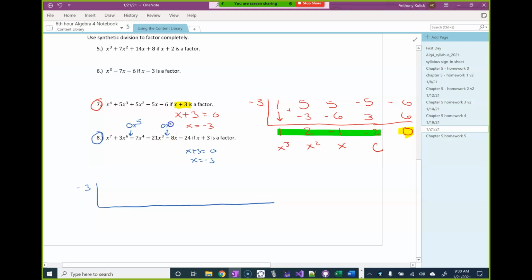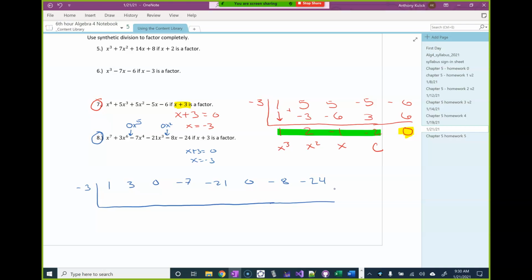And we do the same thing at the x squareds, right? Where we skip the x squareds. So when we set up our synthetic division, we need to make sure we include those zeros. There's no way to recover from not including those zeros unless you start all the way back over again. Please make sure you're looking for any missing terms when you start setting up your synthetic division.